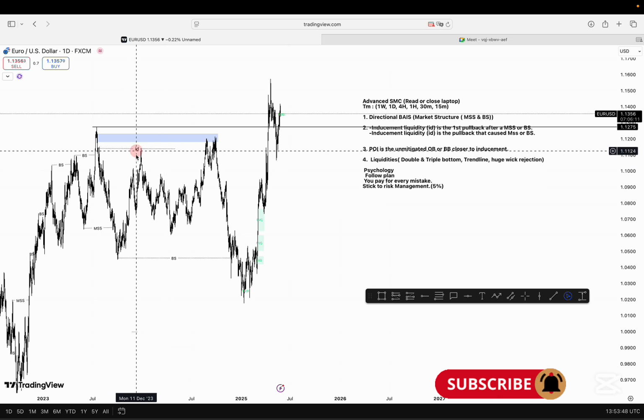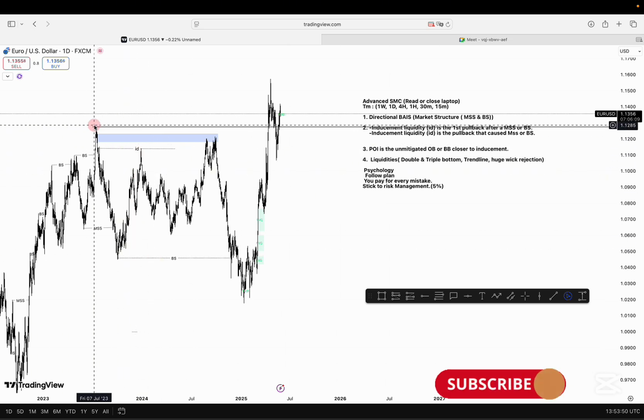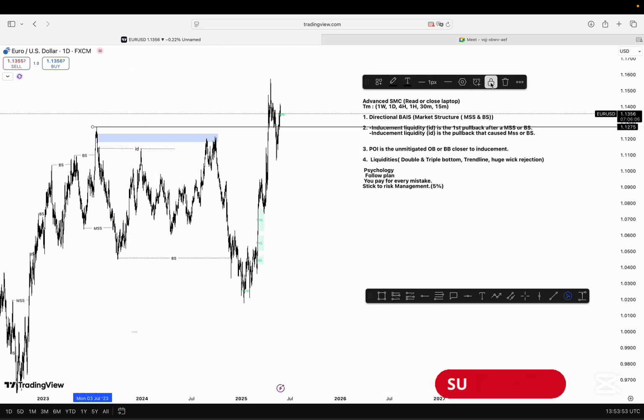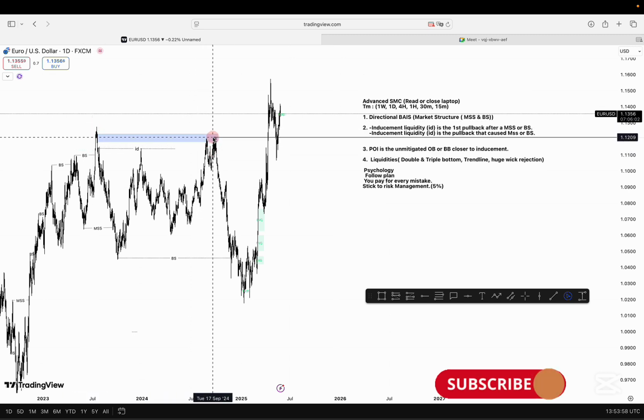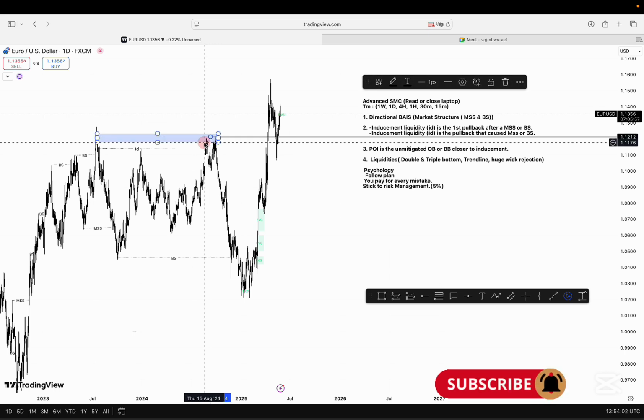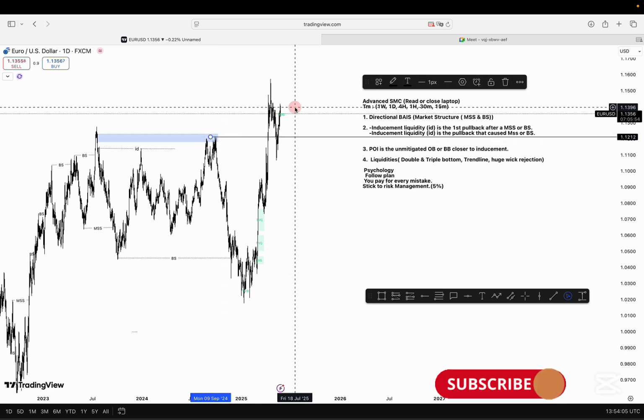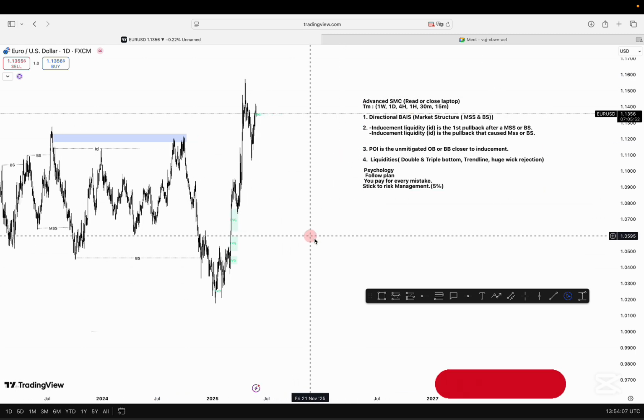Since we have a break of structure, our protected high, or the high that price is not supposed to go and break, now becomes this one. If price has finally broken it, then we have what we call a market structure shift again.